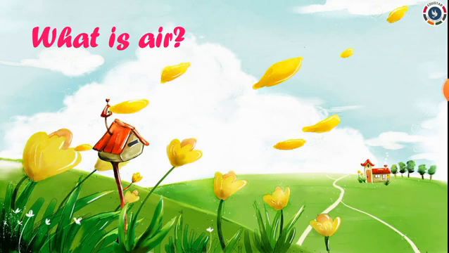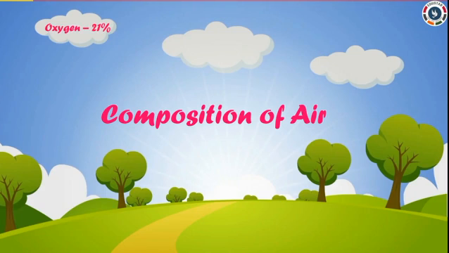Composition of air: it contains about 21% of oxygen, 78% of nitrogen and 1% of other gases like carbon dioxide, argon, helium, hydrogen and ozone. It also contains water vapor, dust and smoke.